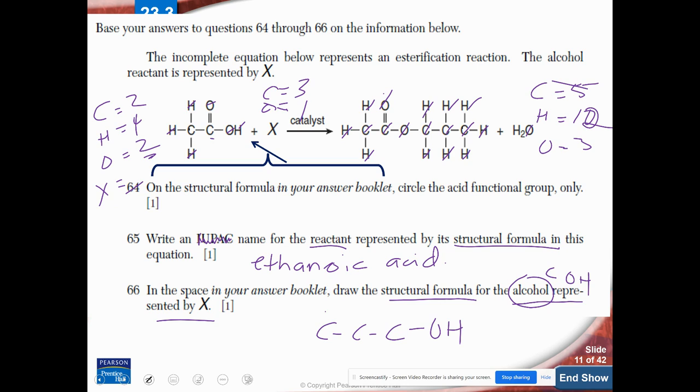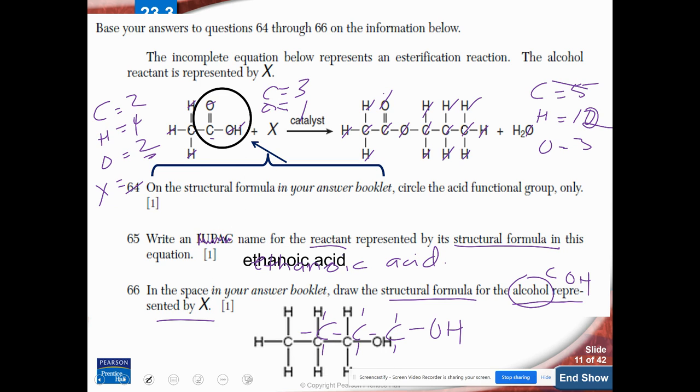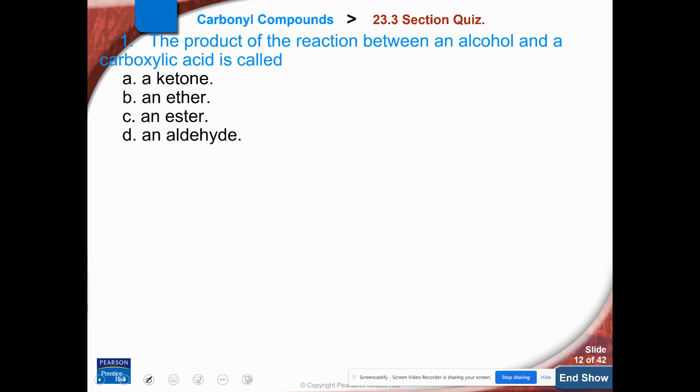And now if I make sure, there's my skeleton, should I now have the right number of missing hydrogens? Yes, I do. Okay. So I'll just go through here. And there we go. All right.